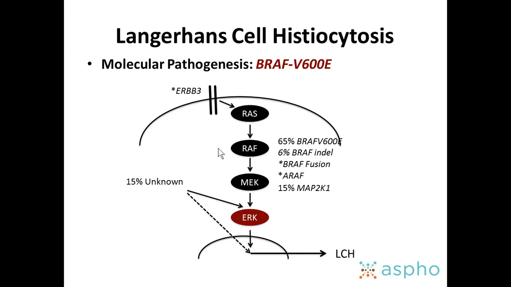What happens in LCH is that BRAF, there's A, B, and C RAF, gets mutated and constitutively activates downstream, leading the cell to grow and to become LCH. BRAF may be on your test. MAP2K1 encodes MEK. That's another recurrent mutation, so I would just be aware of it. It's not intuitive what that gene means, but it's another recurrent mutation in LCH.